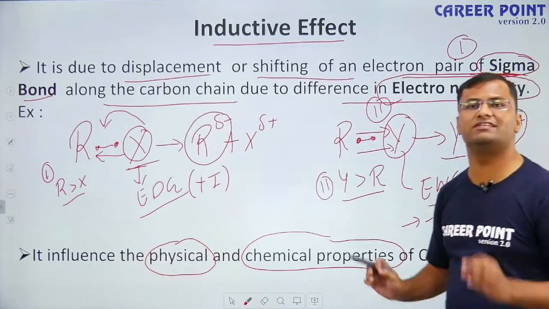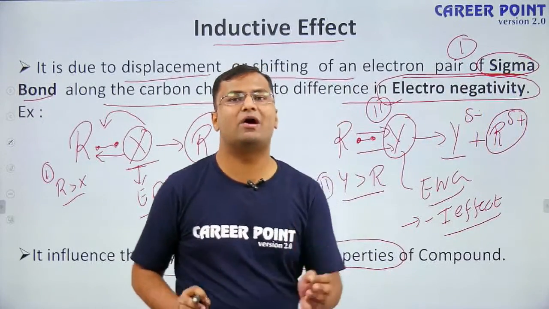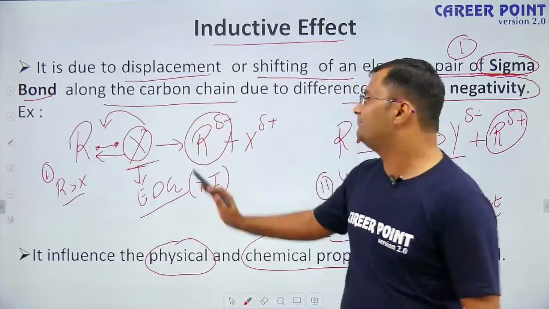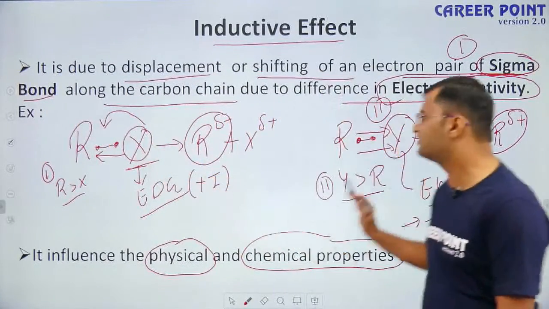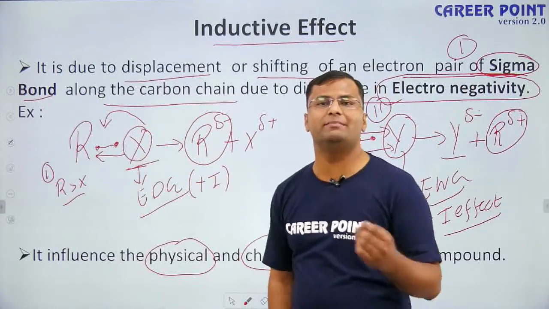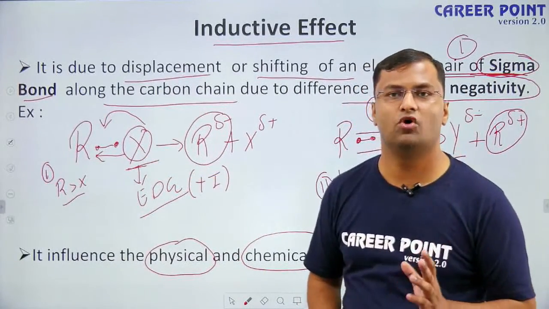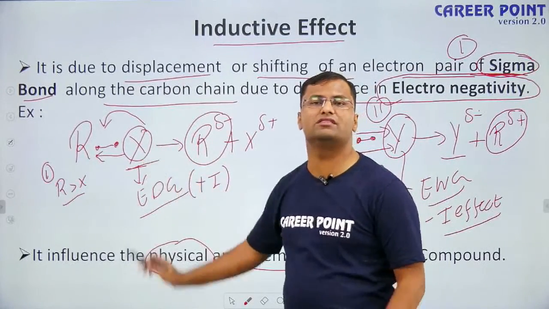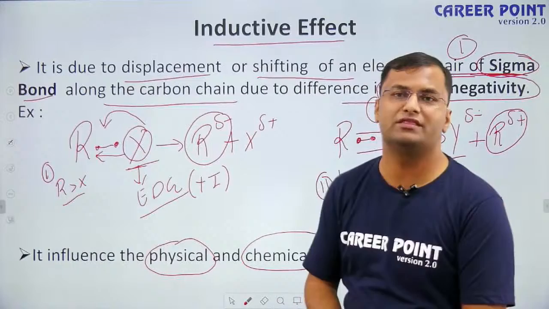Either the compound will be acidic or basic, depending upon the position of this X or this Y. If the group has a more plus I effect, the compound is more basic.